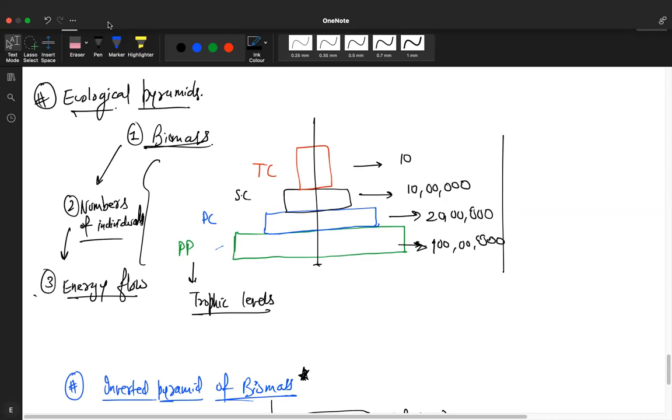You will realize that there is multifold change when these pyramids go from lower level to higher level. Can you appreciate that difference?